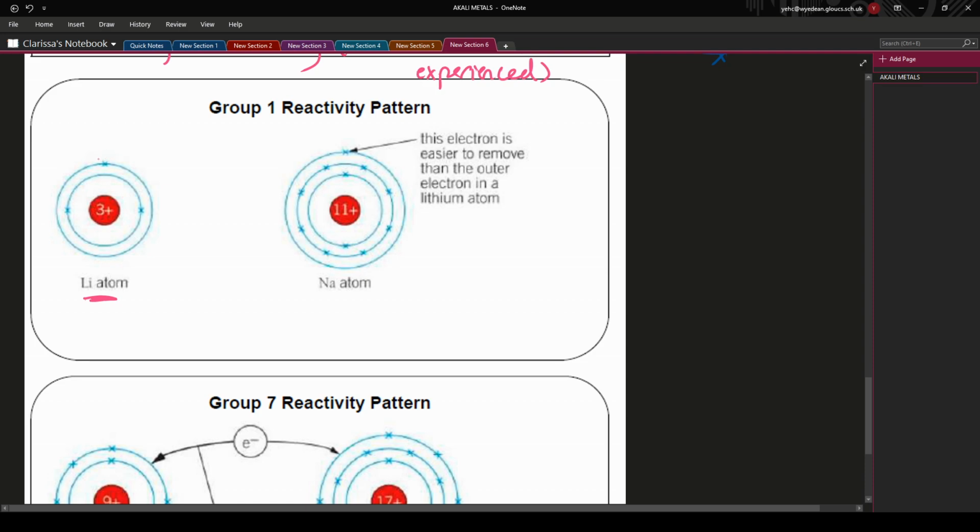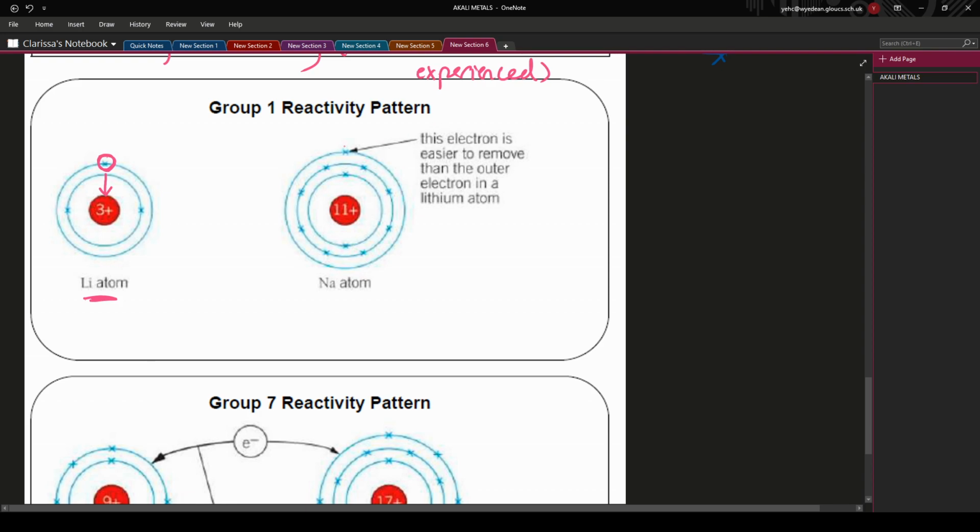This is the outermost electron that wants to leave because it's far off from being a full outer shell. It's all on its own. But it's going to be experiencing that attraction to the nucleus. And because it's closer, and there's only one other shell in between, it's still experiencing a good amount of attraction.